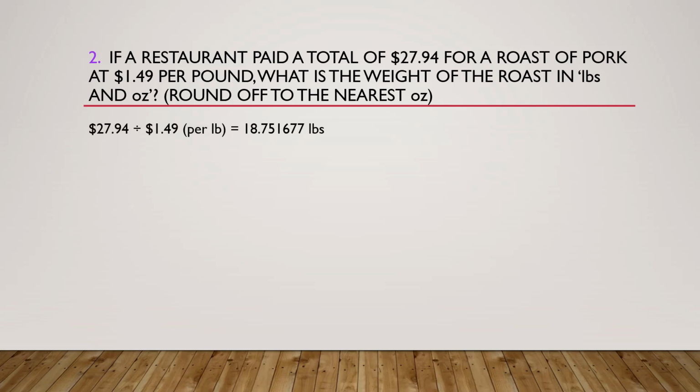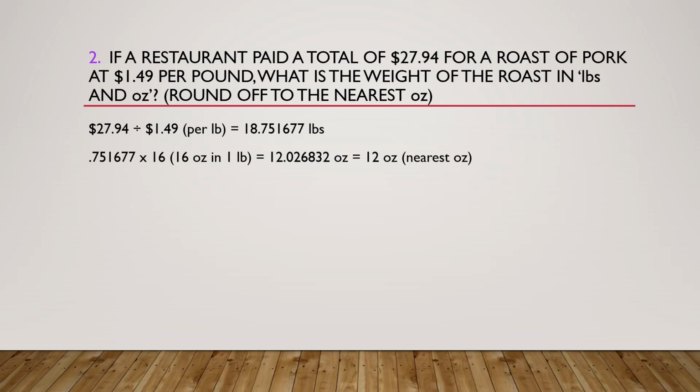So if we take the $27.94 and divide it by the amount we paid per pound, we're unit costing what we paid for pound by how much we paid in total. And you'll see that we get 18.751677 pounds.